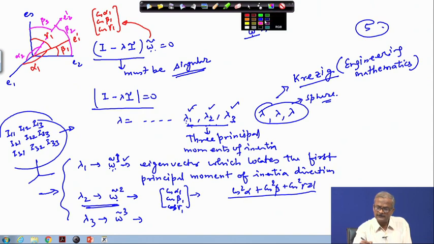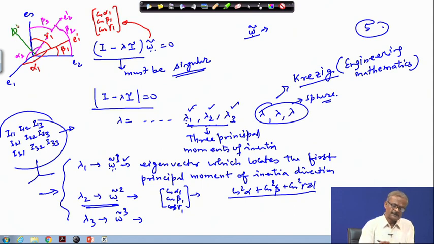In the same way, you can take the third direction, which is E 3 prime. You take the angle from this place to this place, this will be your gamma 3, from here to here this angle will be alpha 3, and from this axis the angle will be beta 3, which I cannot show here now.